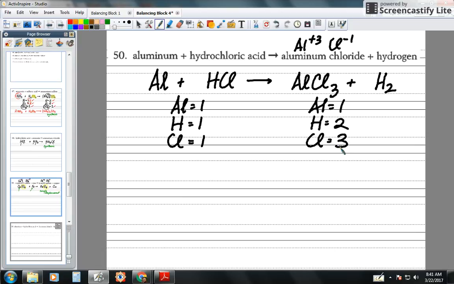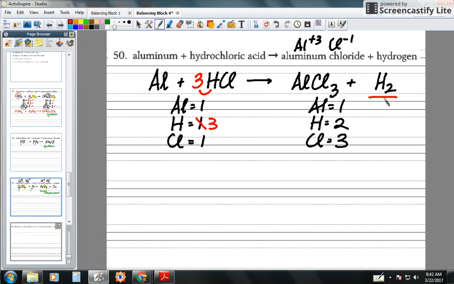You might be tempted to place a 3 right in front of the hydrochloric acid. And that will result in 3 hydrogen formula units being on this side. But then when you examine the product side of the reaction, there's no way to reconcile a number 3 with these diatomic hydrogen on this side of the reaction.